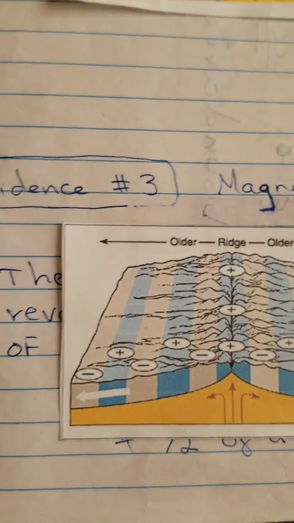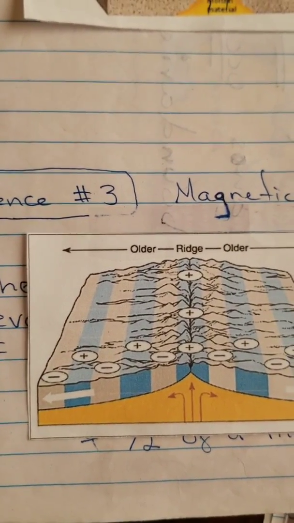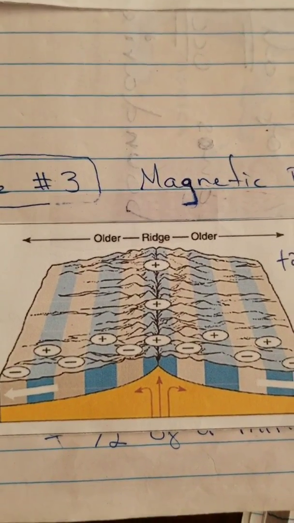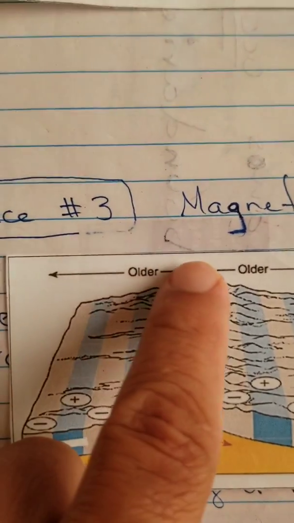And believe it or not, very soon we're gonna be getting to that point where our polarity in the planet will change again. Right, this is the mid-ocean ridge.